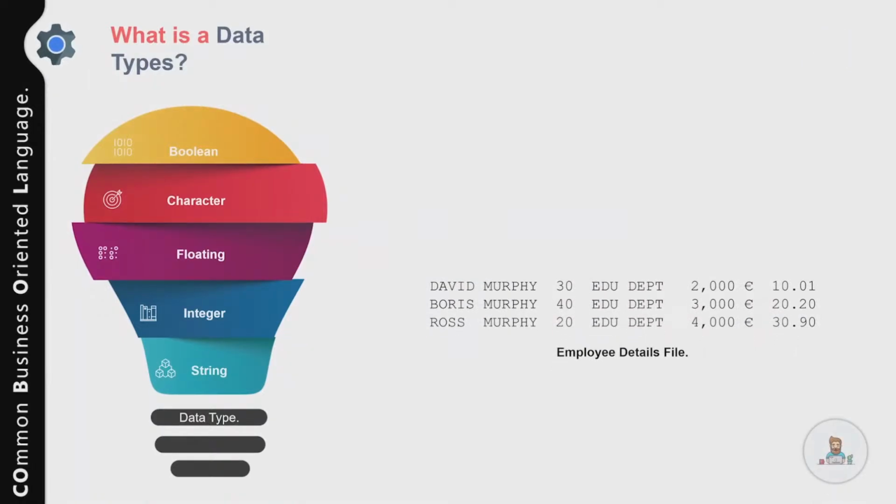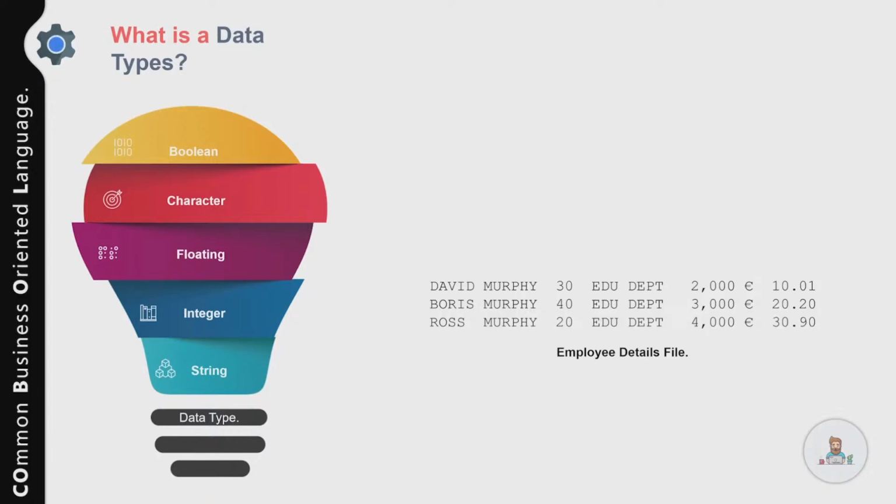For example, if you notice the employee detail file, which is a sequential file, it has different categories of data. The first column is the employee name, which is a string of characters. After that you have employee age, which is an integer. Thereafter you have department name, which is again a string of characters. After that you have employee salary, which is again an integer value.